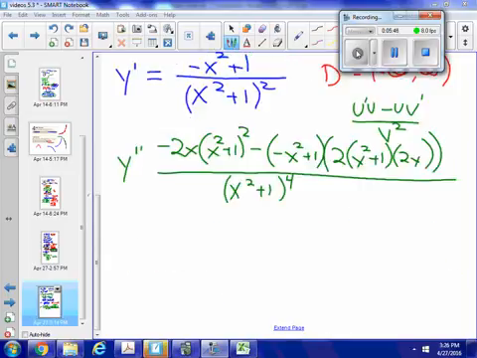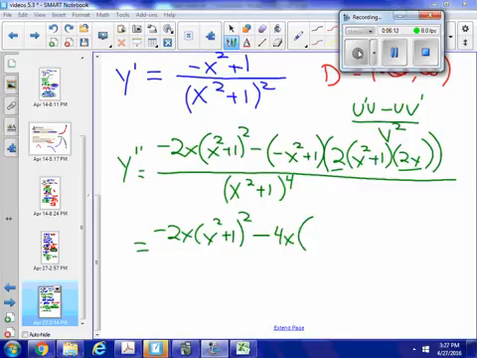So now we have to do a little bit of simplification here. Not much I can do with the first term in my numerator yet, so I'm going to leave it at negative 2x times (x squared plus 1) squared. And for my second term, it's still going to be a minus sign. I have a 2 and a 2x right there, so that would give me 4x times (negative x squared plus 1) times (x squared plus 1).